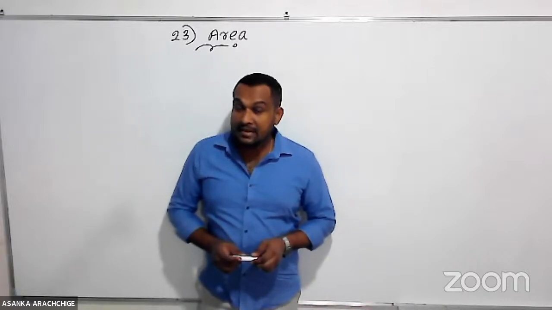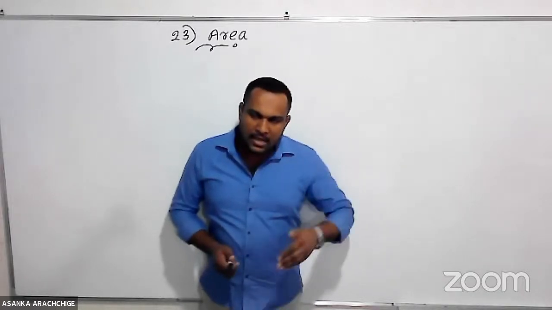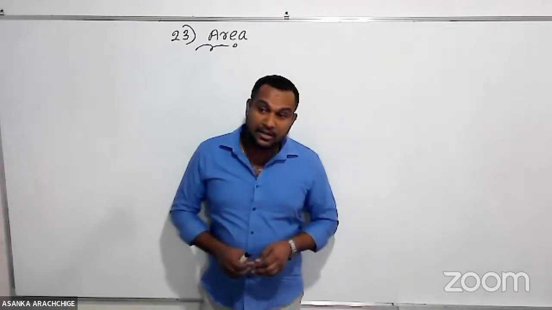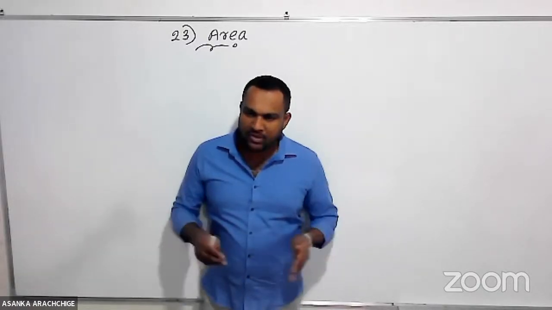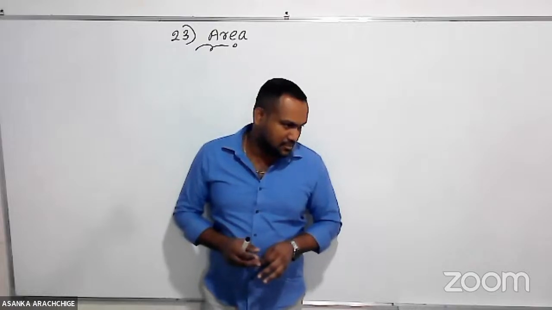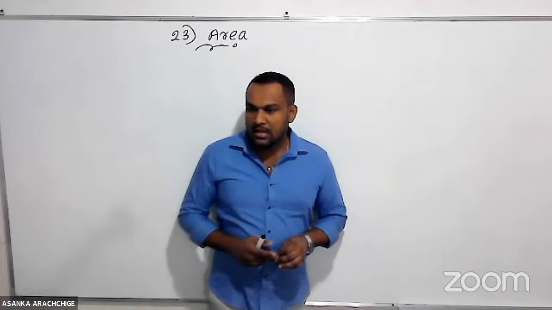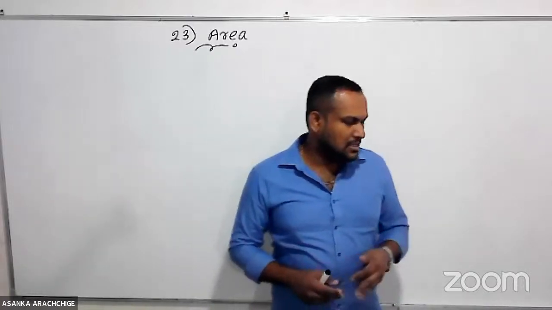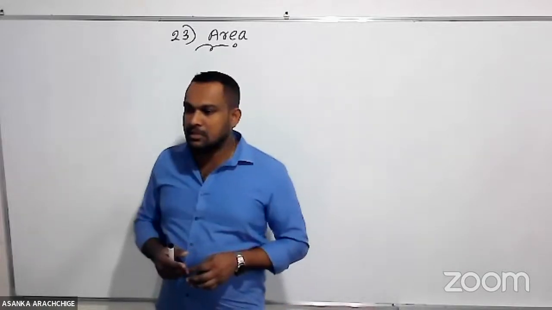In grade 6 and 7 syllabuses, you learn the method of finding area of a sphere and rectangular surfaces. In grade 8 syllabus, you learn the method of calculating the area of a triangular surface.